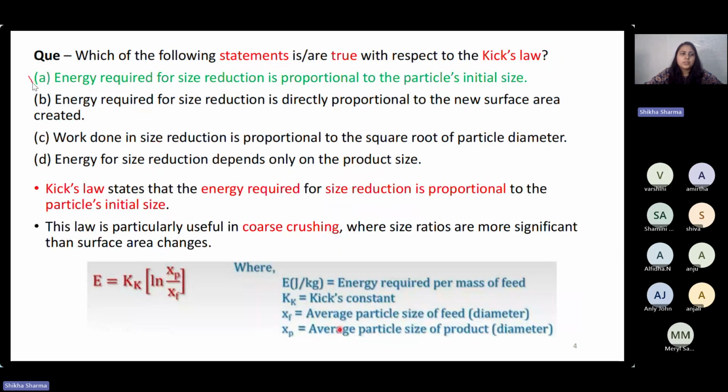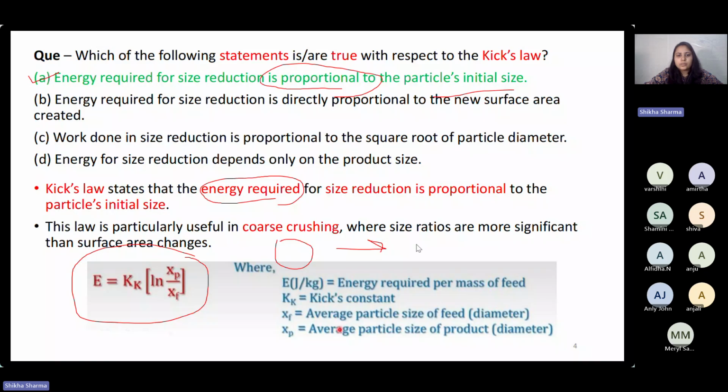So option A is correct here: the energy required for size reduction is proportional to the particle's initial size. Basically Kick's law states that the energy required for reducing the particle from this size to a smaller size is directly proportional to the particle's initial size.